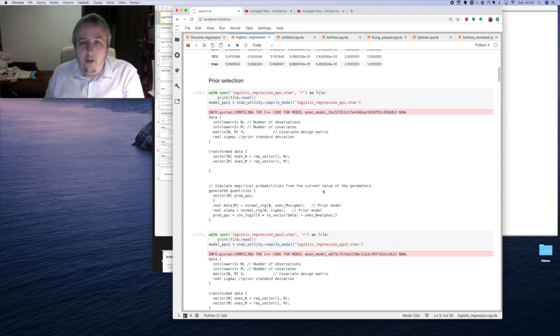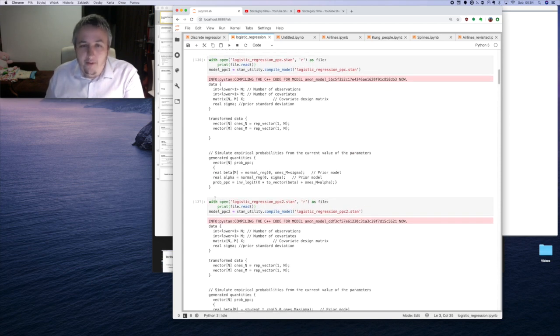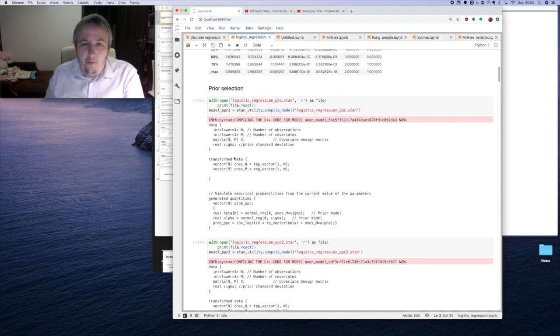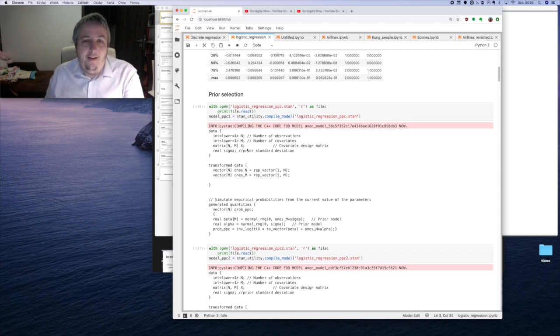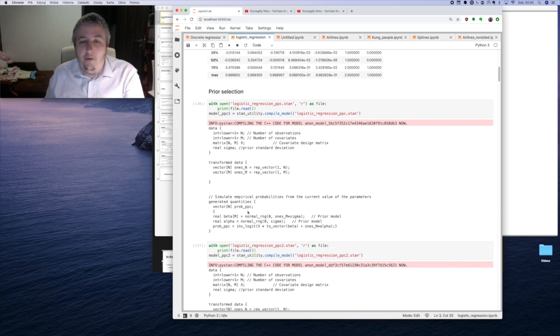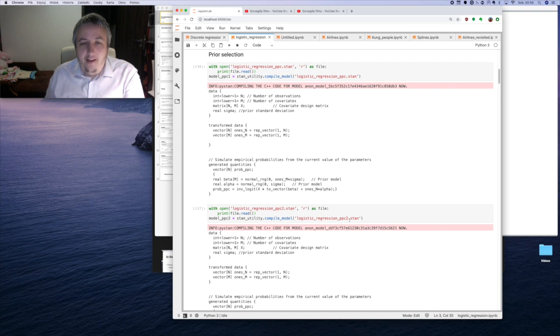We actually will be considering 2 types of priors. First, the priors for alpha and beta will be a normal distribution, again as in the previous examples, with sigma provided as a data point in order to avoid recompilation.